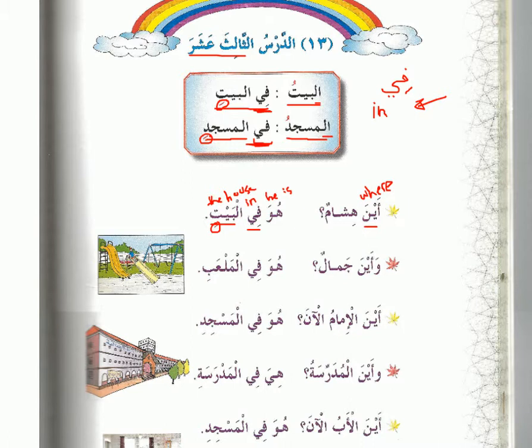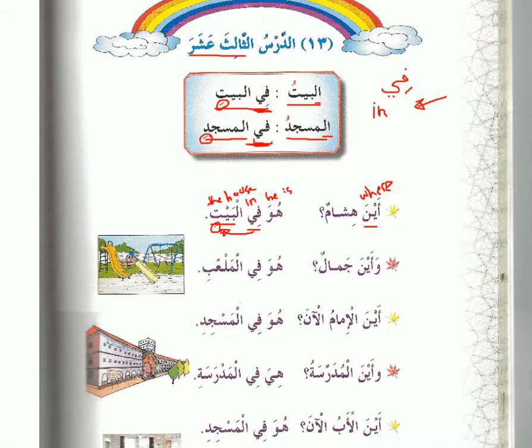So whenever you have a word after fi, when you want to say in the house, in the masjid, in the school, all of those words, it's fi plus the word with the kasra, because the fi always wants a kasra. The fi changes it to be kasra.